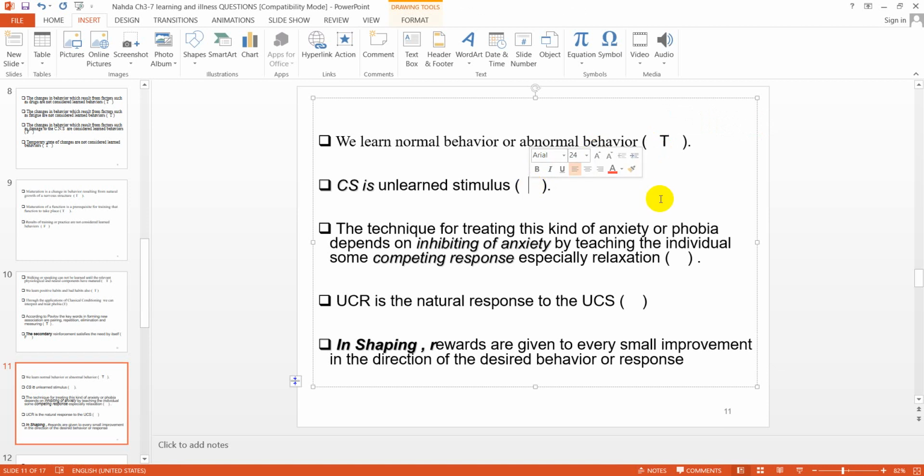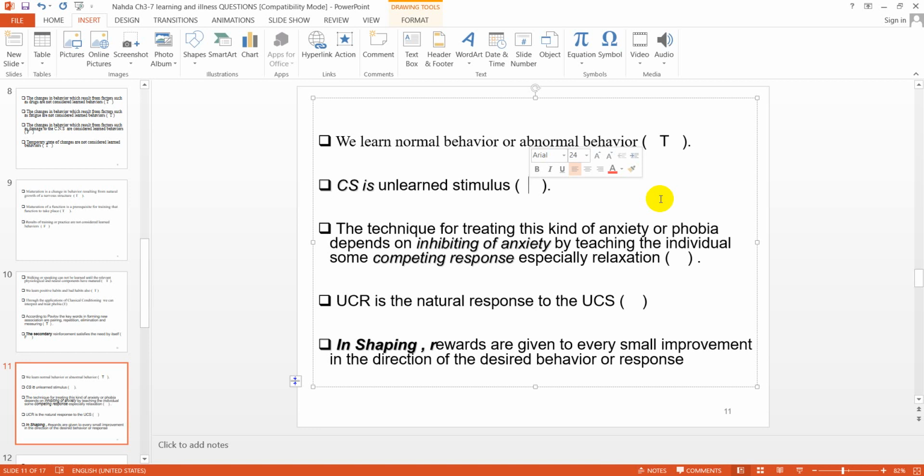CS, conditioned stimulus, is unlearned stimulus. Conditioned, unlearned? No, it is a learned stimulus. It is neutral, so it is a learned stimulus. Which is unlearned is the unconditioned stimulus. Conditioned is learned, unconditioned is unlearned.